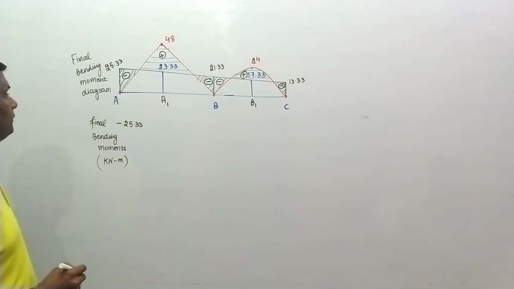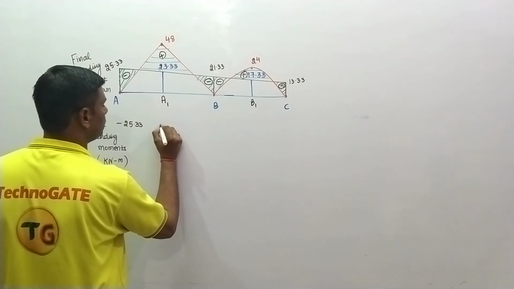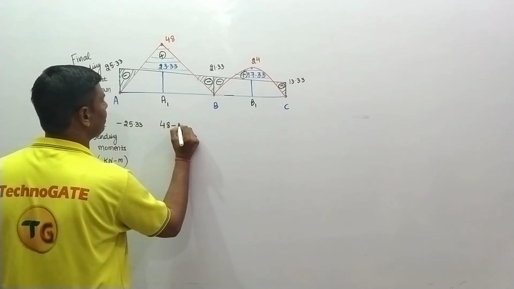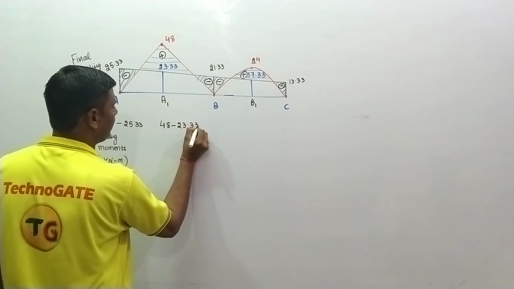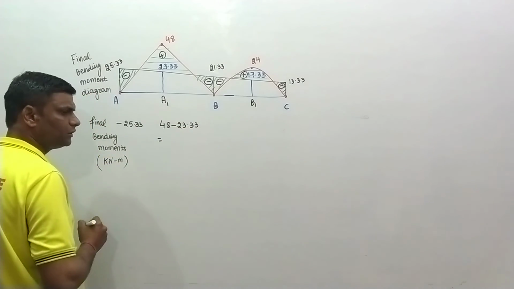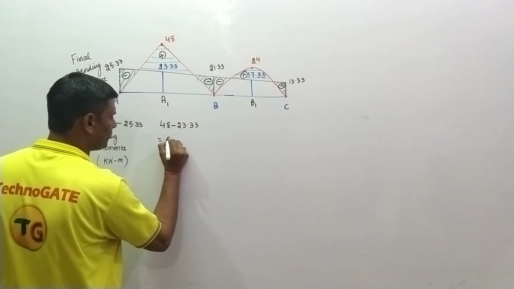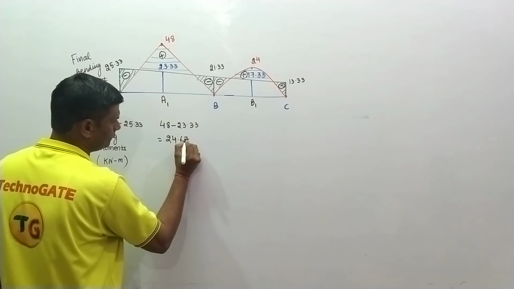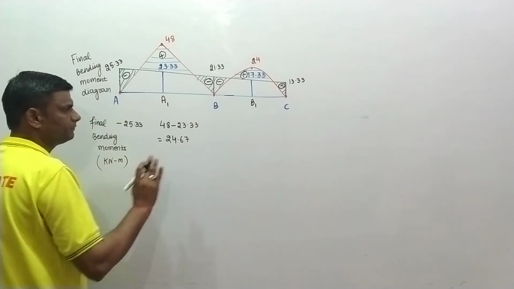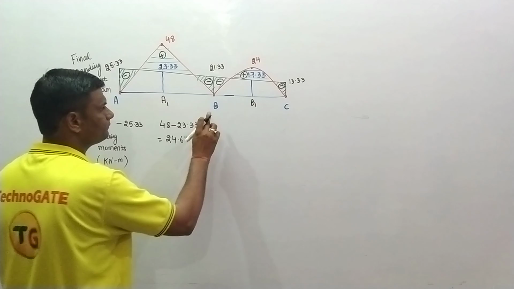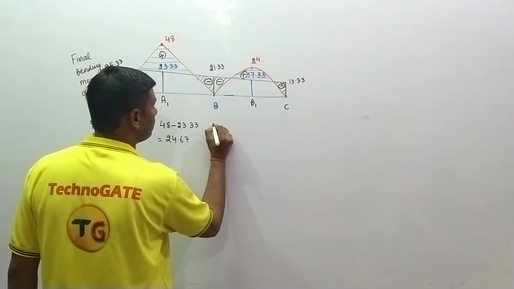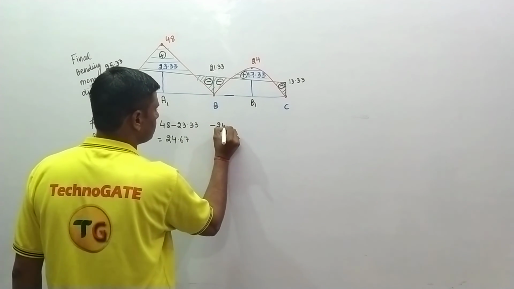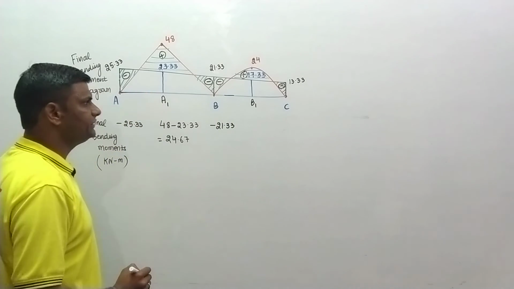At A1 the final bending moment will be equal to 48 minus 23.33, that is equal to 24.67 kilonewton meters. At joint B the value is minus 21.33.